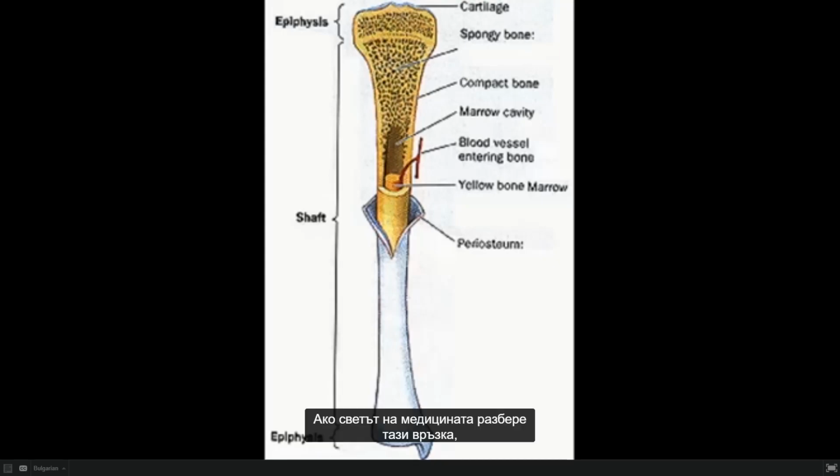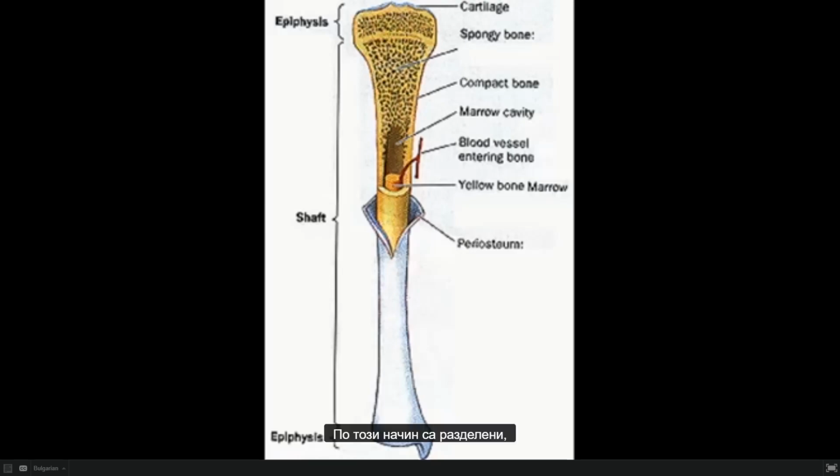If the world of medicine understands this connection, then they will understand how easily, through the emotional part, they can control all the diseases through the bone and the structure of the bone marrow, red blood cells, and the rest.